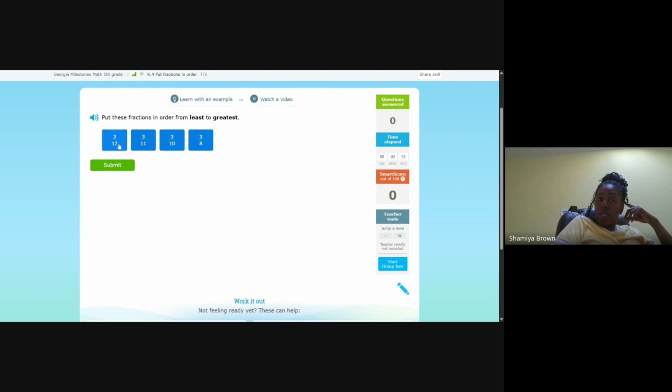So the bigger the denominator, the smaller the piece. So if I only have 3 of these compared to having 3 of these, 3/8, eighths are going to be bigger than twelfths. So that lets me know that this is the greater fraction.